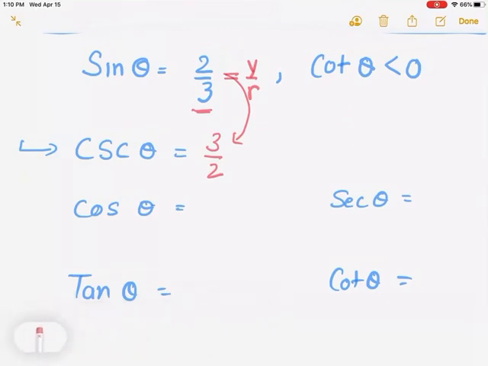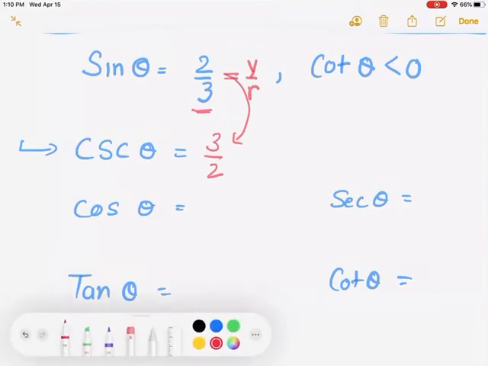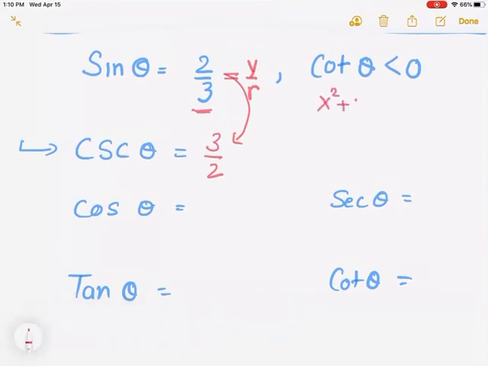So let's just say I have x squared plus y squared is equal to r squared. X is missing, y squared is 2 squared, 4, r squared, which is 3 squared, 9, and x squared is 5, and x is equal to radical 5. Here you go. So now I have x value, so I can write down cosine function.